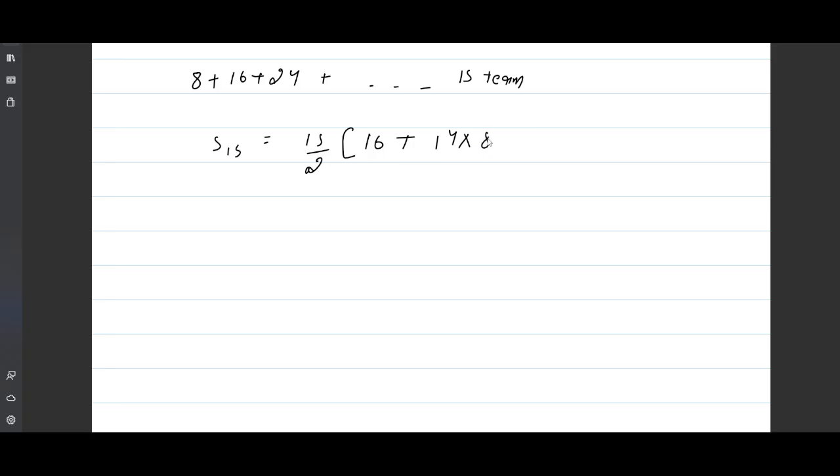So on solving this we get 960. Now move to the next question.